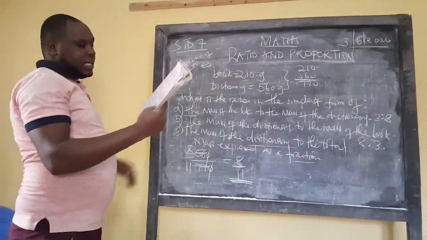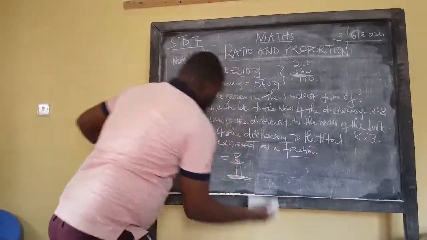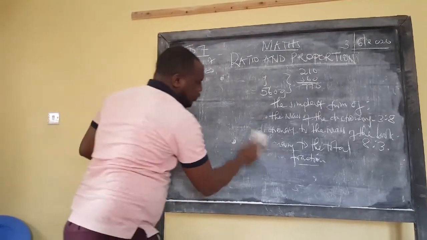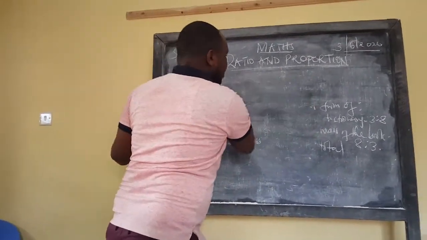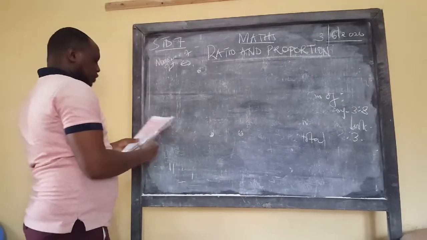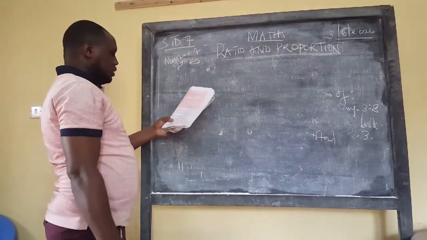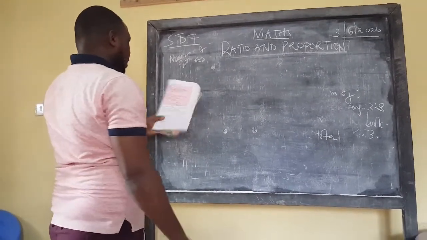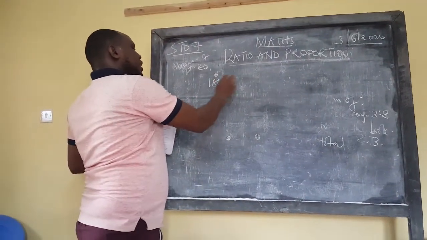A sack contains 180 oranges and 63 mangoes. So that is a word question. We need to simplify it to workable statements. Remember, that is very, very important, learner, if you want to get something in mathematics.